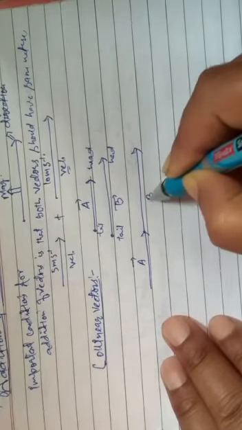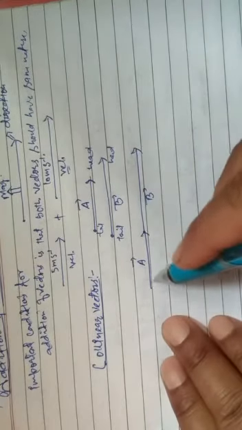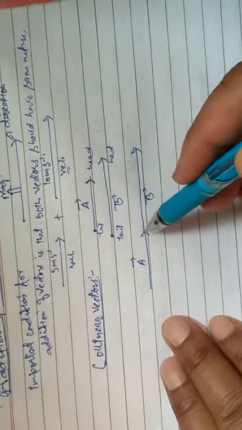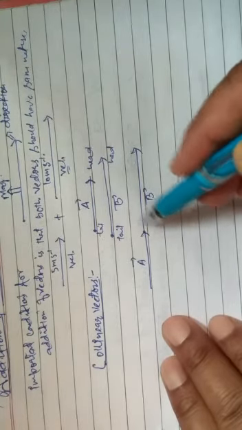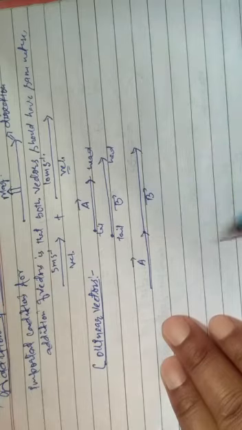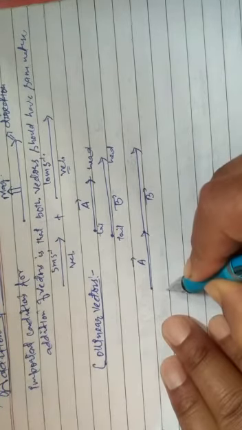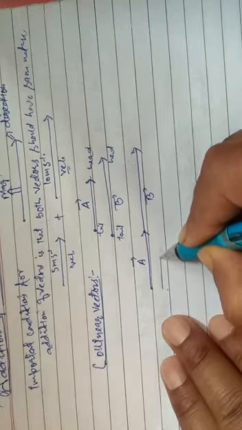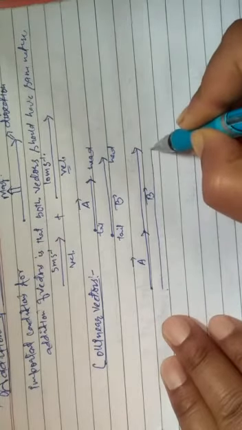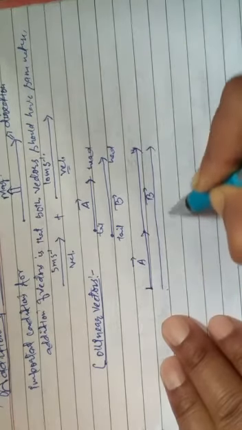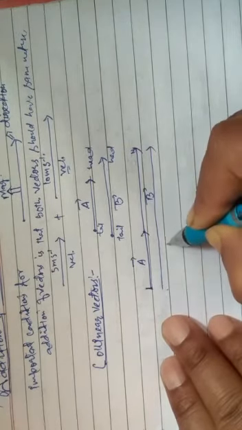This is vector B. First I draw vector A, then I draw vector B such that its tail coincides with the head of the first vector. Then the vector drawn from the tail of the first up to the head of the second, from this point up to this point, is the same vector that gives us the resultant.